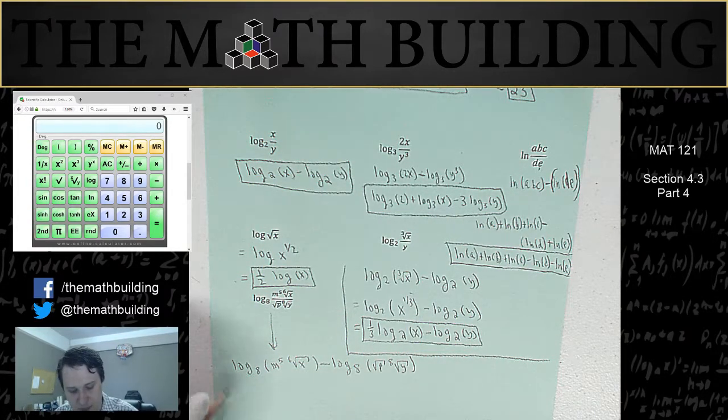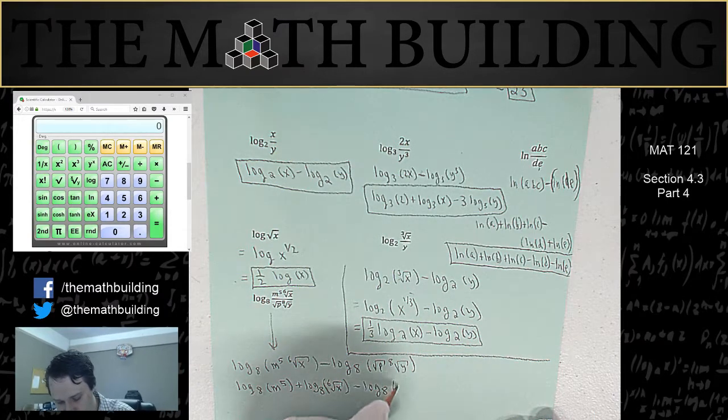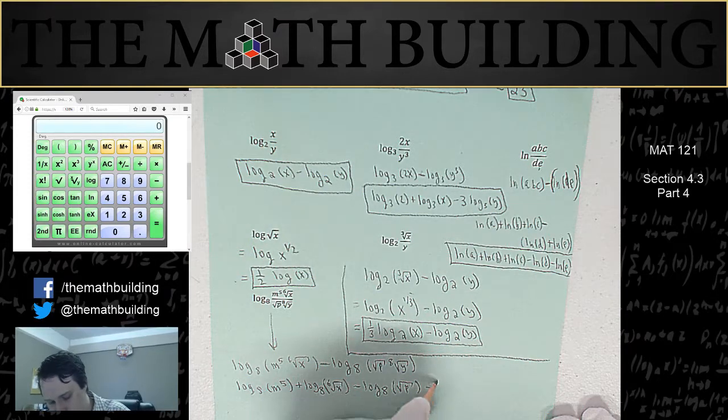Now let's use the multiplication rule. This would be log base 8 m to the 5 plus log base 8 6th root of x minus log base 8 the square root of p minus log base 8 8th root of y.